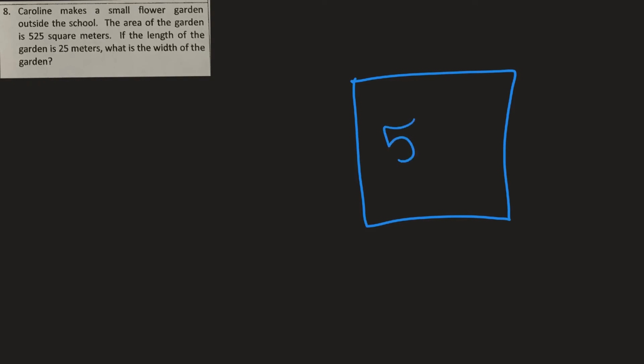730,897. Number 8, Caroline makes a small flower garden outside the school. The area of the garden is 525 square meters. So we have the area. If the length of the garden is 25 meters, what is the width of the garden?